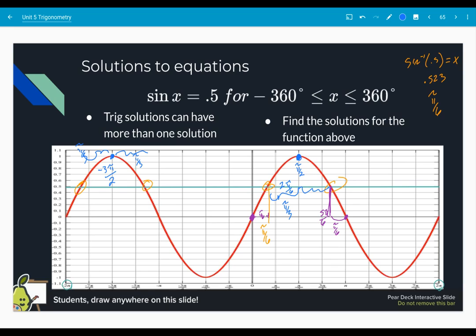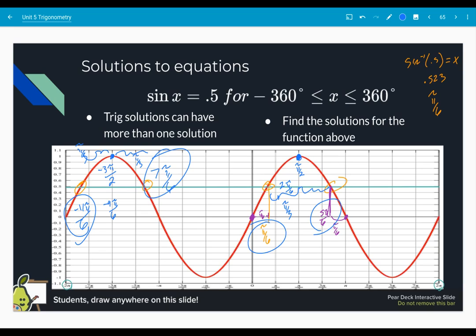So this particular solution going up, this becomes negative 9 pi over 6, 2 pi over 6. So this becomes 7 pi over 6. And this is negative 11 pi over 6. So those are the 4 solutions to this particular trig function.